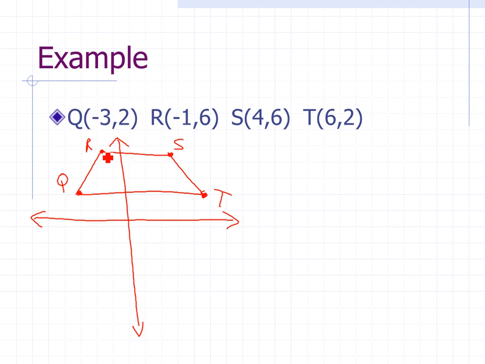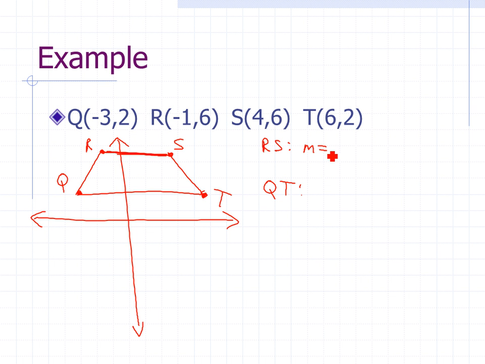See if it's a trapezoid. To see if this is a trapezoid, what we're going to do is look at RS and QT and find the slopes of each one of those. For R and S, remember M stands for slope.